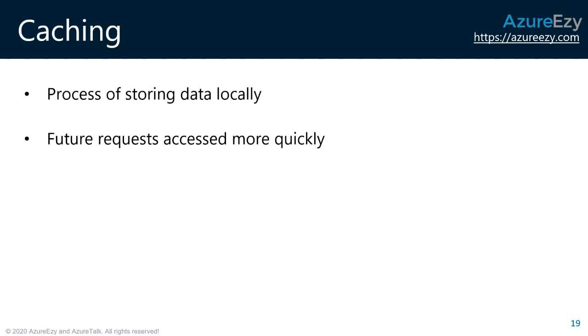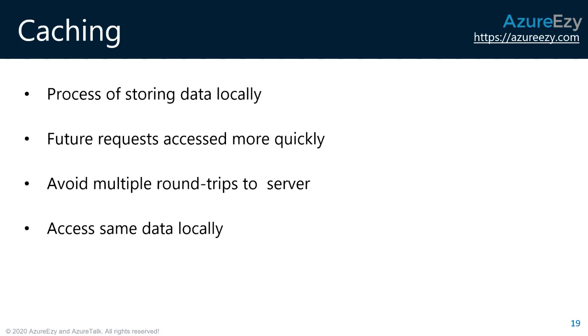Now, what other thing will happen in that case? For any content which is cached locally, from client to the server, you will avoid the trips, avoid the connection, avoid the round trip for those particular things. Because your content is saved locally, you will be accessing it locally, and it will save your time.